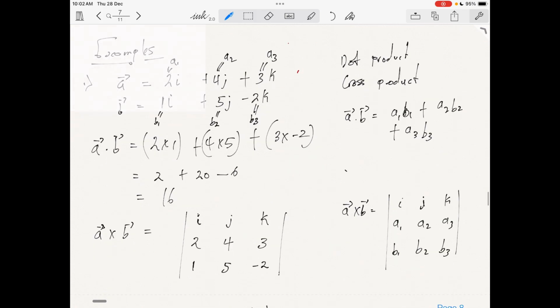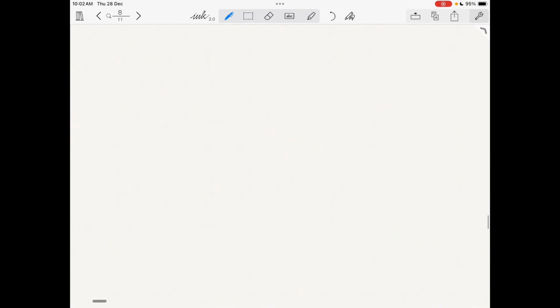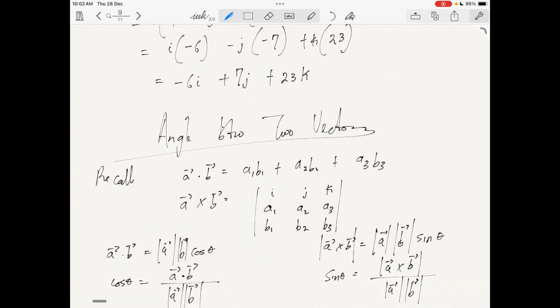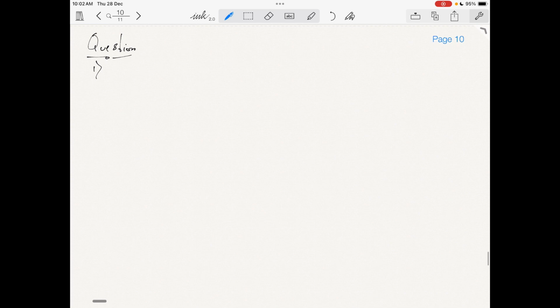So let's rewrite those questions, where we have vector A is equal to 2i plus 4j plus 3k, and B is equal to i plus 5j minus 2k.